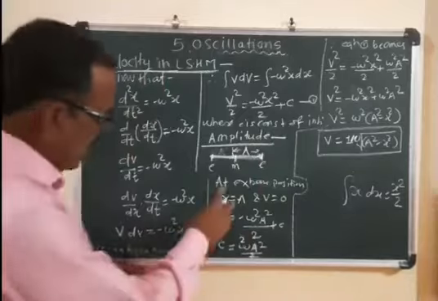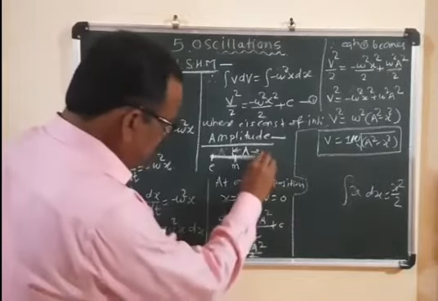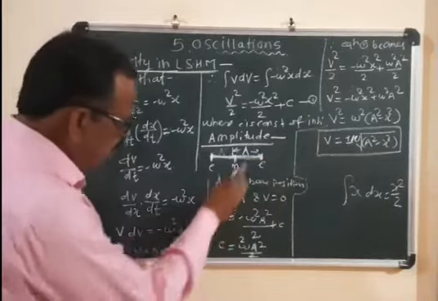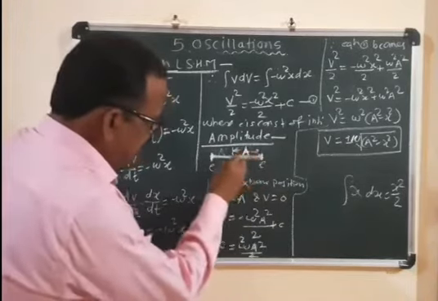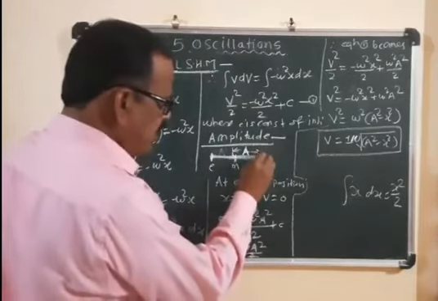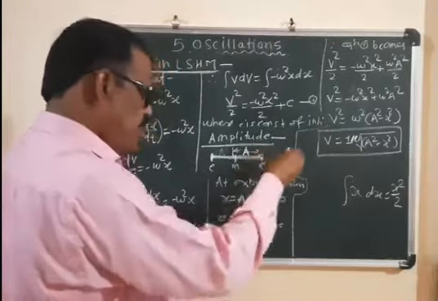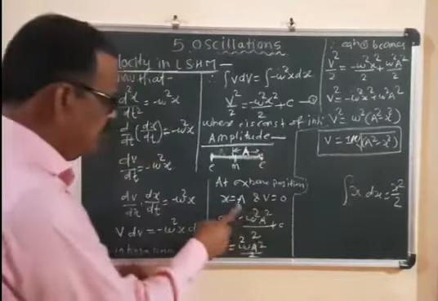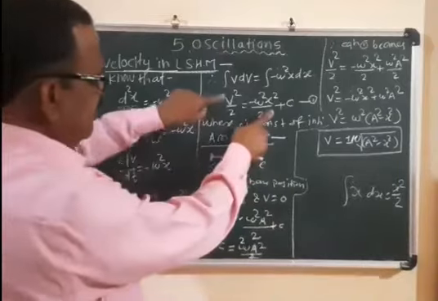Now at extreme position, where the particle arrives here or here, the displacement is equal to a, and velocity is equal to 0, because after reaching here the particle stops and goes back again. So x = a and v = 0. Substitute these values in this equation.